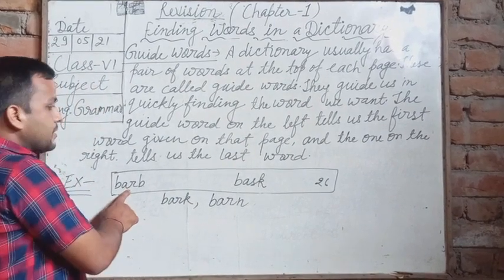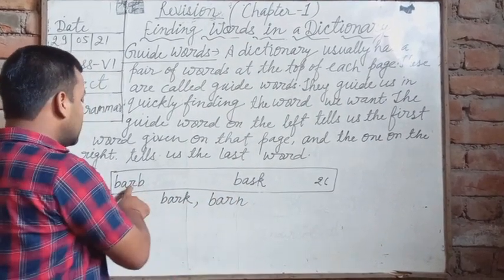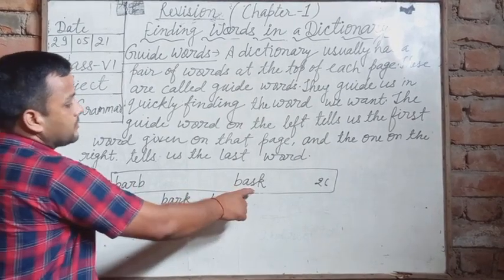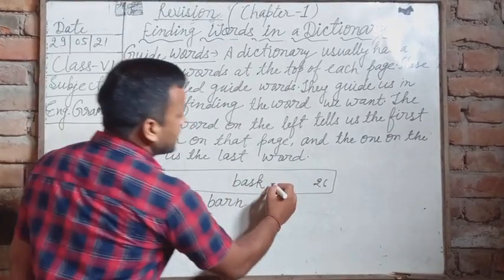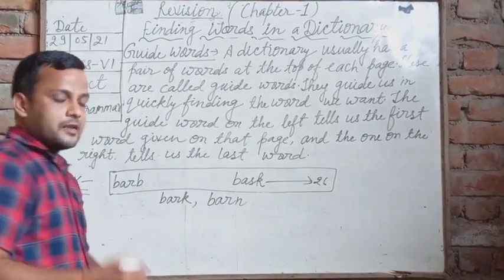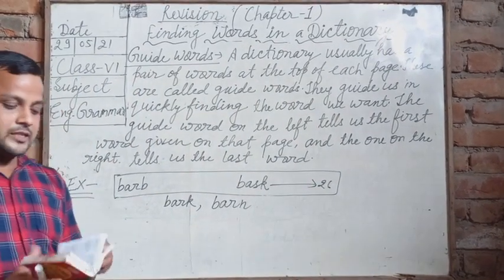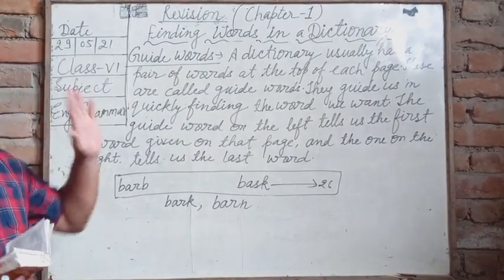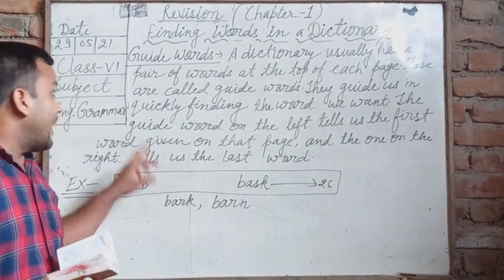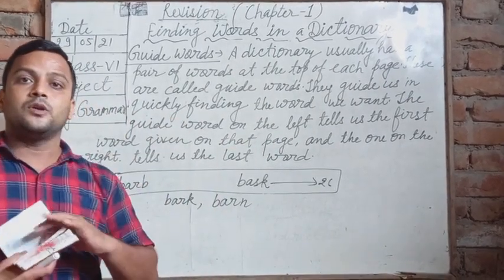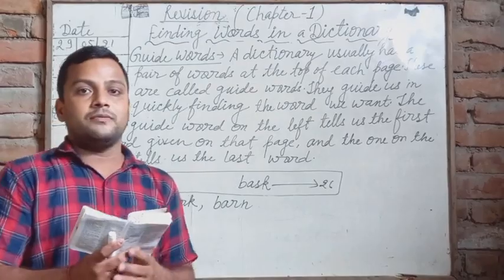So barb and bask are the guide words. This one is the first word and this one is the last word, and the page number is 26 in my dictionary. Students, always remember that the guide words and the page number will be different in different types of dictionaries.